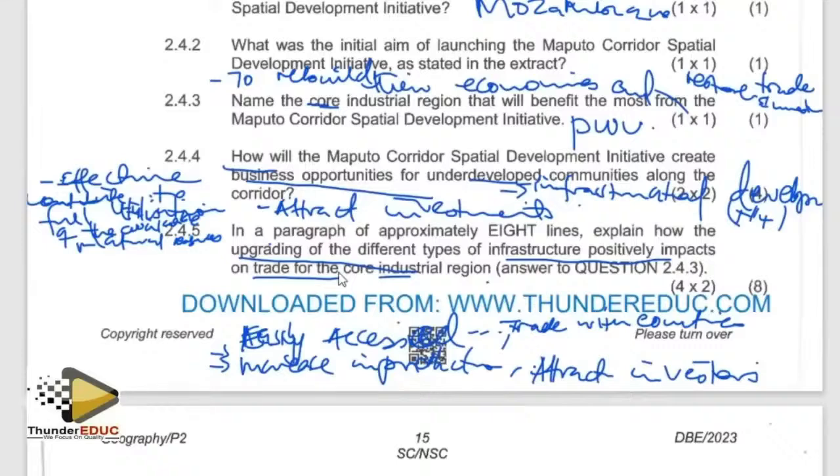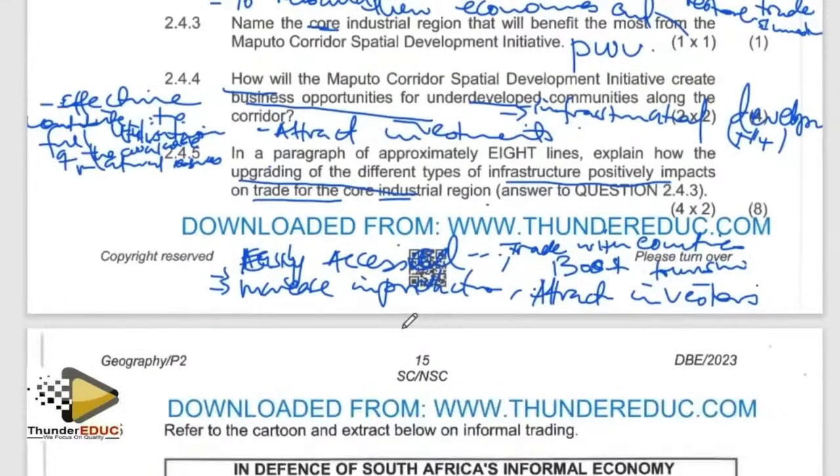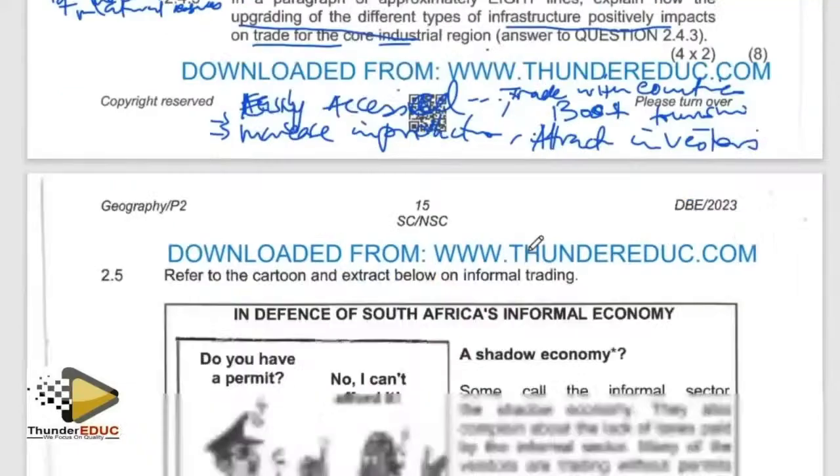Why? The area is well developed, production has increased, therefore people will easily trade with those areas, and that will improve development. It will boost tourism in the area. All those are benefits that you can write in a paragraph format.